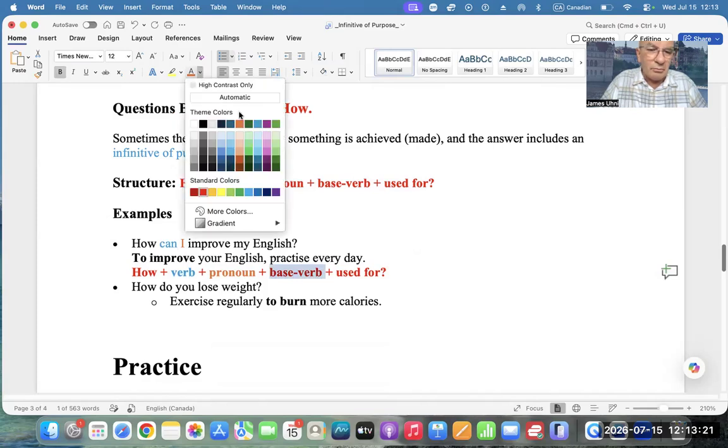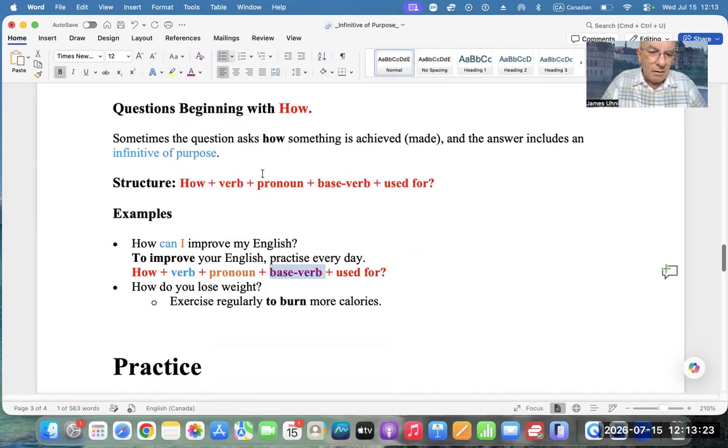I would make it purple. Improve. My is a possessive adjective, and English is used for, so we can say used for.